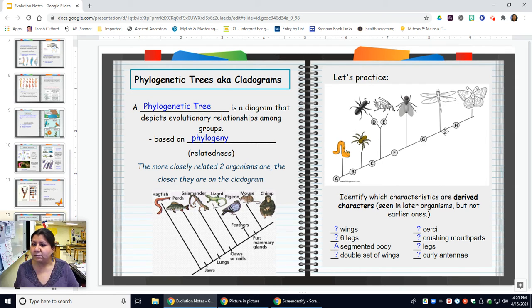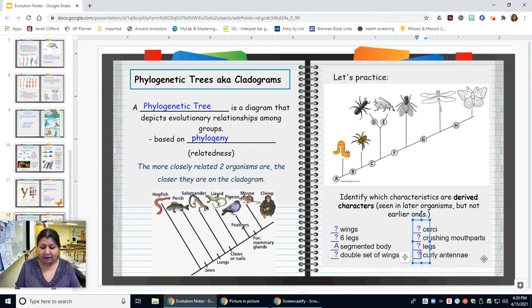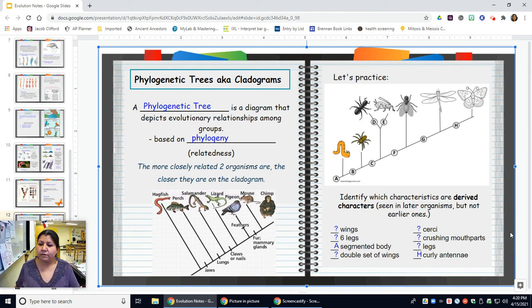Okay, so some of these are going to be easier than others. If I look at the difference between this dragonfly and this moth, I know that the moth is the one that has curly antennae. So that's going to be H. Between my fly and my dragonfly, I can see my fly has one set of wings.